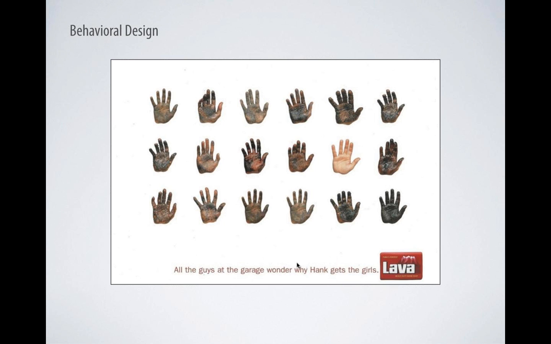All the guys at the garage wonder why Hank gets the girl. So it's that the guy that uses this soap that can get the cleanest has that little bit of status.